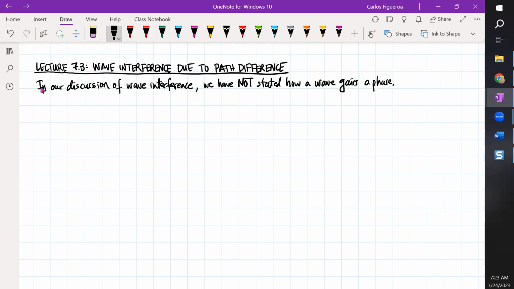We just stated it. The most common way to get a phase difference is by path difference.